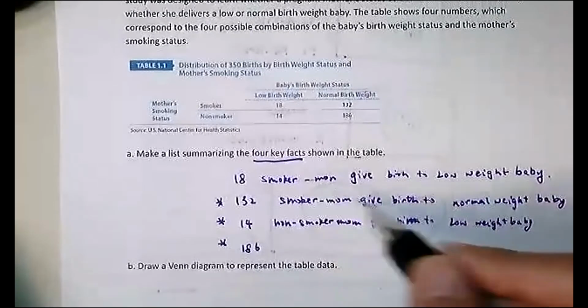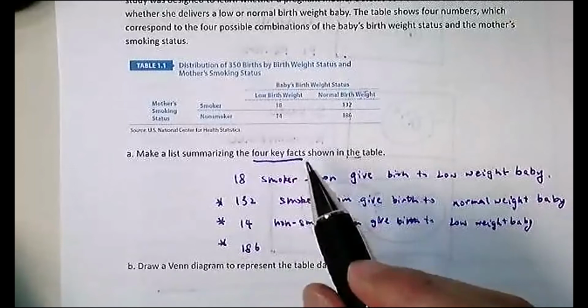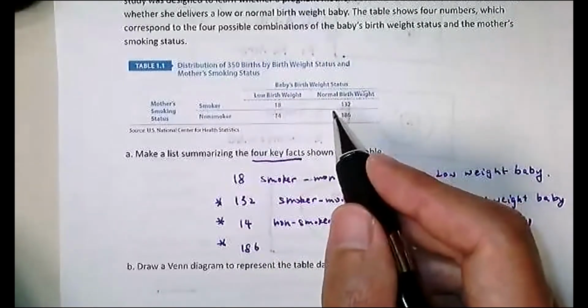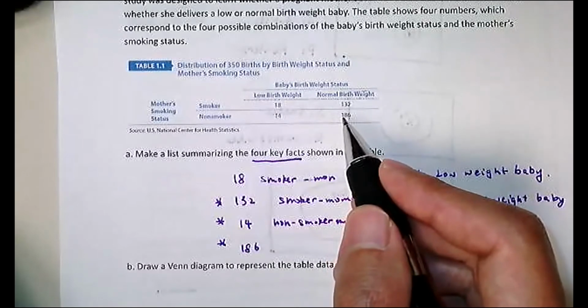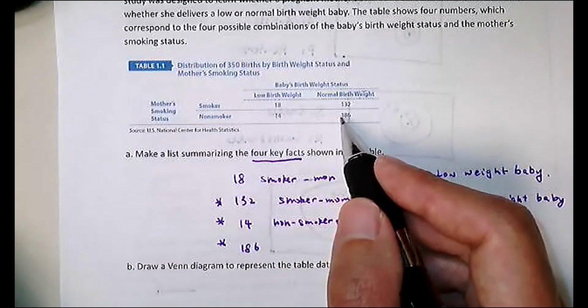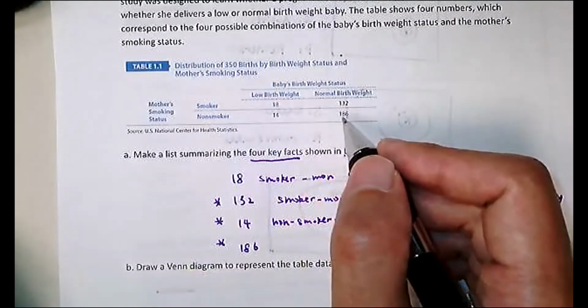So I'm writing all the answers for the 4 key facts. I'm just copying each number to see what this number means. Okay, so here we see a 186.